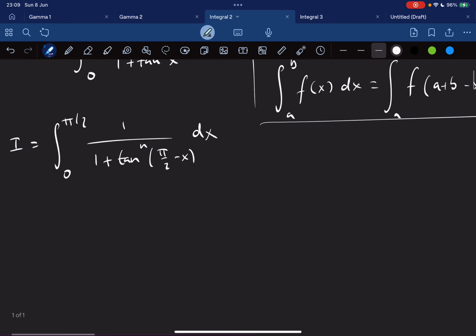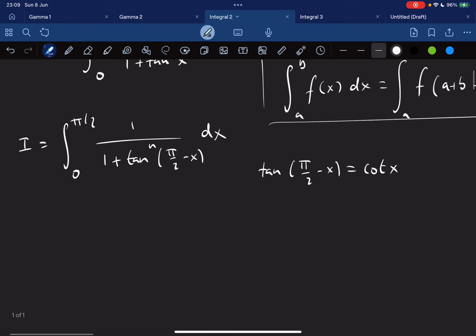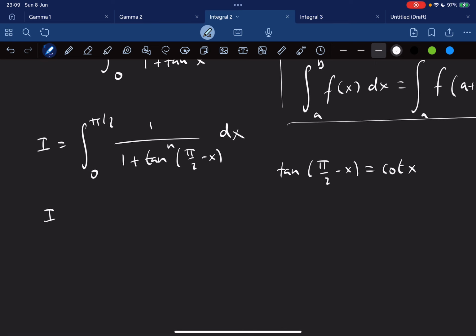Well, that is an identity that we know. tan of pi over 2 minus x is cotangent, by the cofunction identity. So that means we can write that I is this integral right here, 1 over 1 plus cot to the n of x dx.